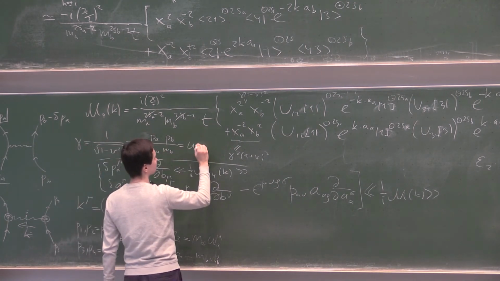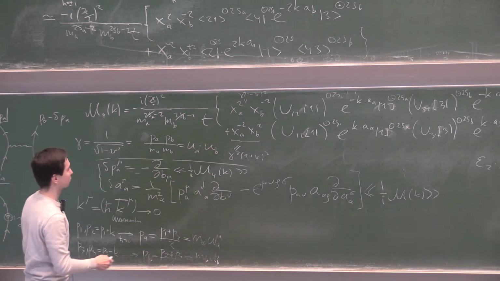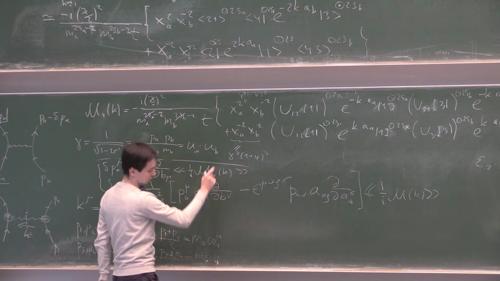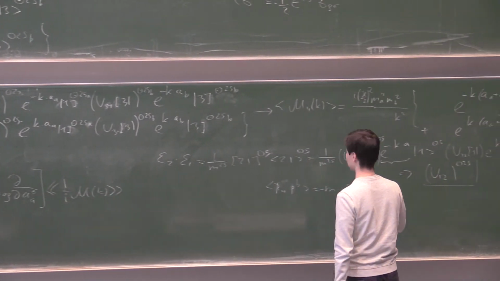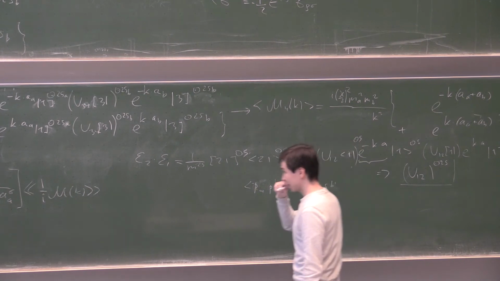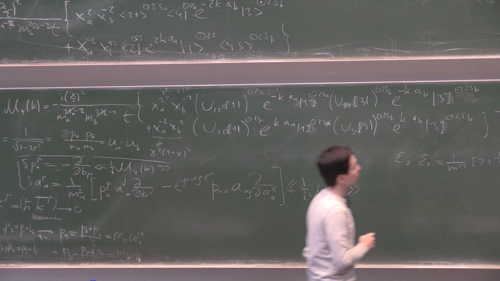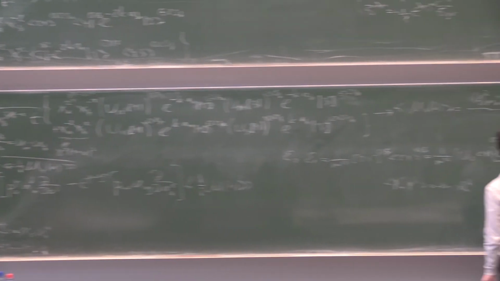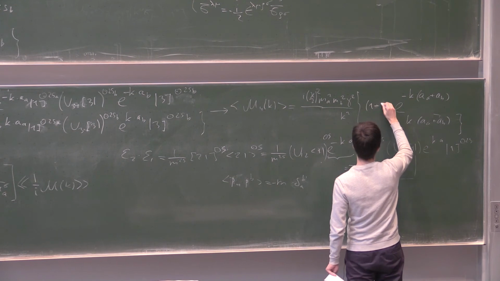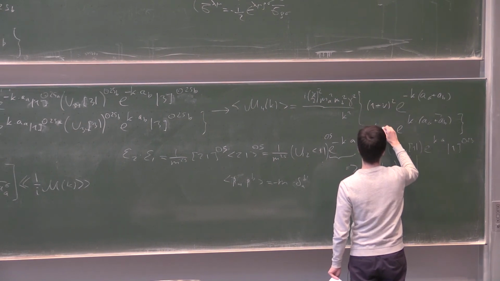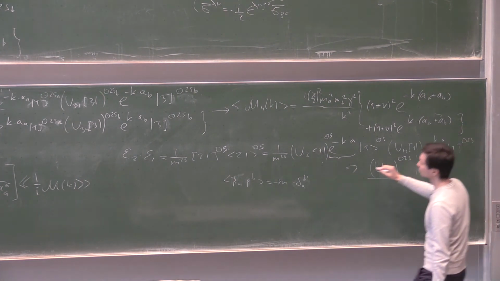So this is just the Lorentz product of the four velocities of two incoming black holes. And this is going to be my expression that I can use.